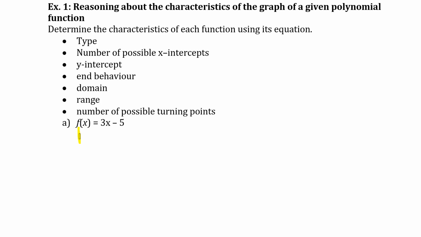If we look at the type, we can see that this is a linear, because the implied exponent on this x is simply 1. That's how we know that it's linear. There's no x squared or x cubed, there's just x. So the number of possible x-intercepts in a line is always going to be 1.